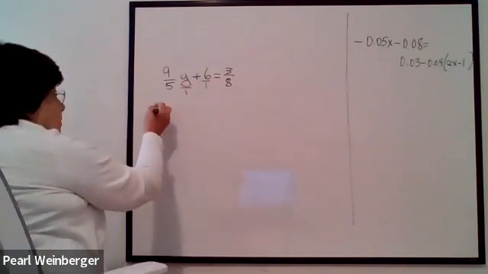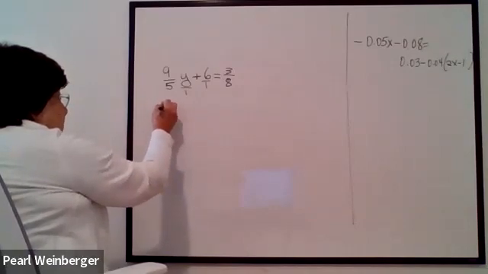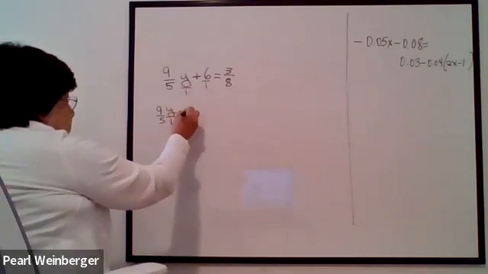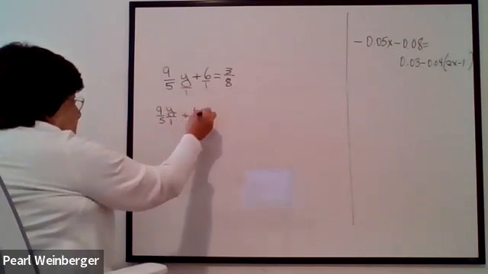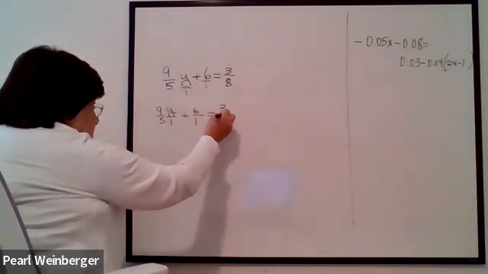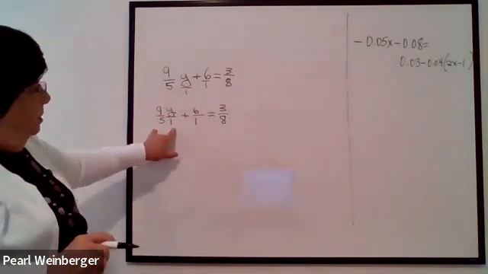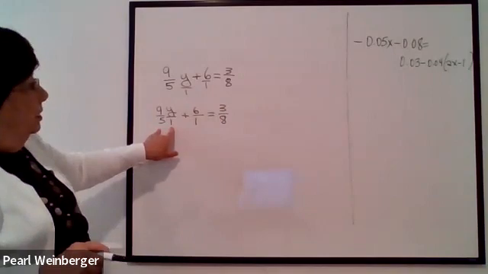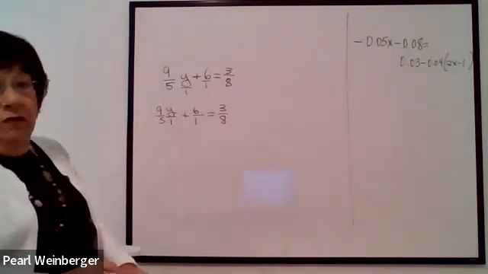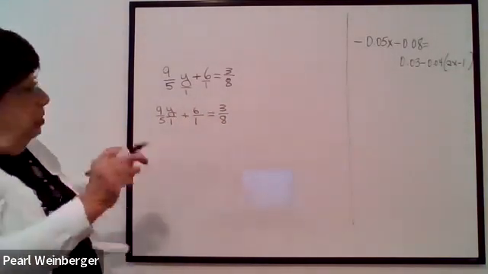So rewriting this, I have 9 over 5 times y over 1 plus 6 over 1 equals 3 over 8. Now, let's combine things and write them as single terms.